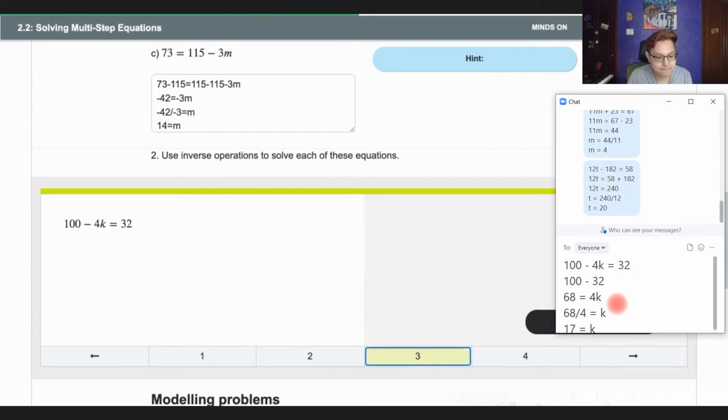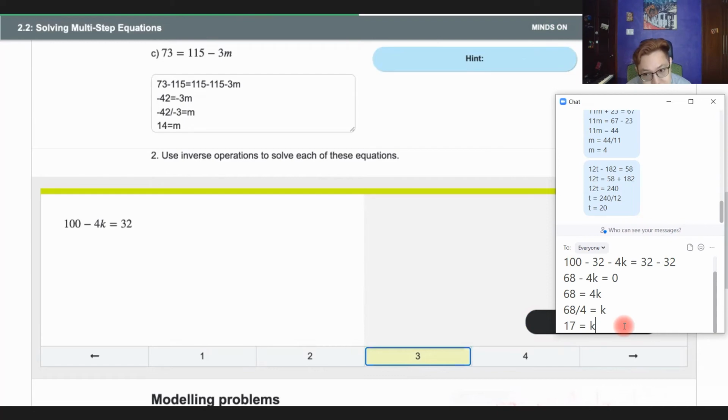Now it's 100 equals 32 plus 4k, and you bring the 32 over and take 100 and subtract it. 100 subtract 32 is equal to 68. Very good.